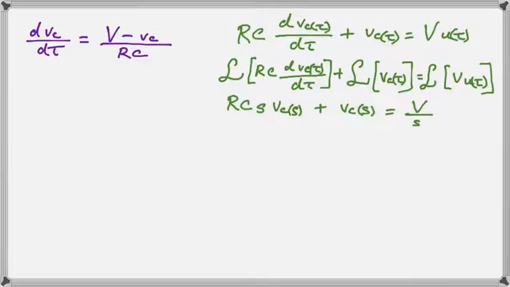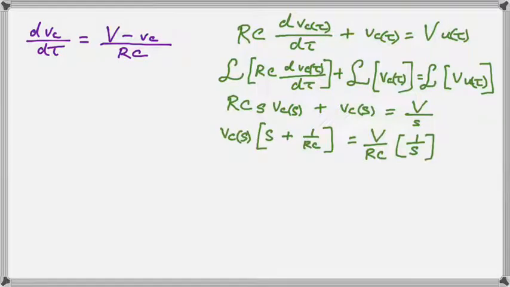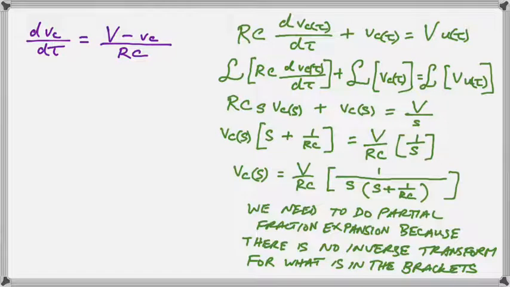When we look it up in the table, we see the equivalent terms in the table for the S domain as shown. We then proceed to collect up the terms so that we can make Vc(s) the subject of our equation, which is done in the following line, as you can see.